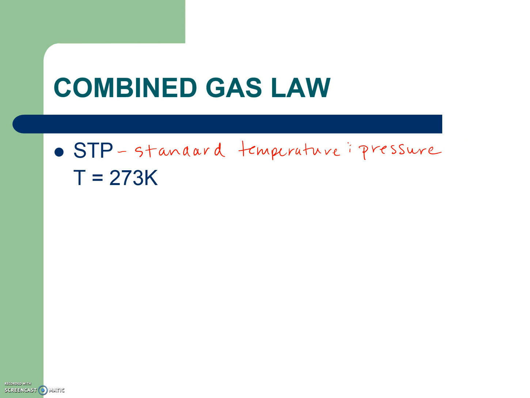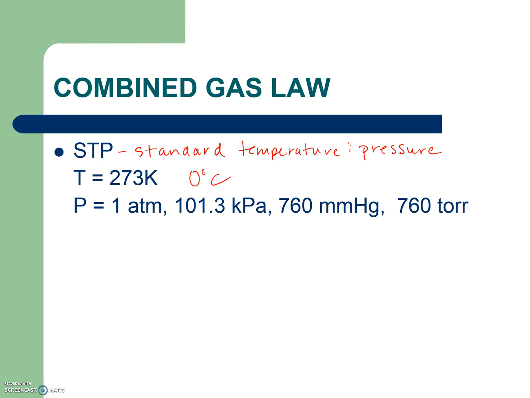The conditions for STP: the temperature is 273 Kelvin, which is 0 degrees Celsius, but we use Kelvin because it's a gas law problem. And the pressure is equal to any one of these constants that we know: 1 atm, 101.3 kilopascals, 760 millimeters of mercury, or 760 torr. We just need to learn those conditions.